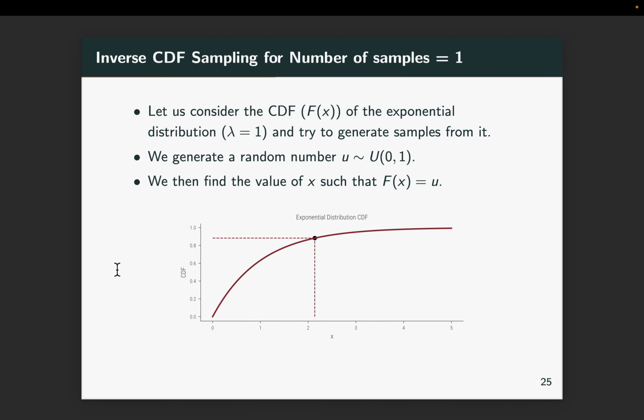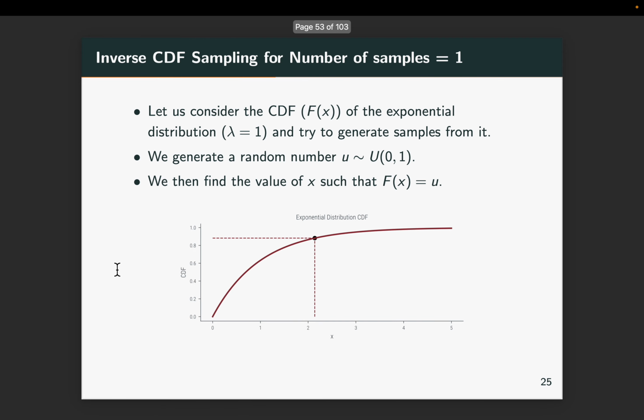U is generated between 0 and 1, and corresponding to the value of u, I find the inverse of the CDF function. The inverse of the CDF function is x. The CDF function goes from x to a value between 0 and 1. We are trying to do the reverse. We start from the value between 0 and 1, and we are trying to map that to the value of x. Therefore, it's the inverse of the CDF function which you are trying to compute.